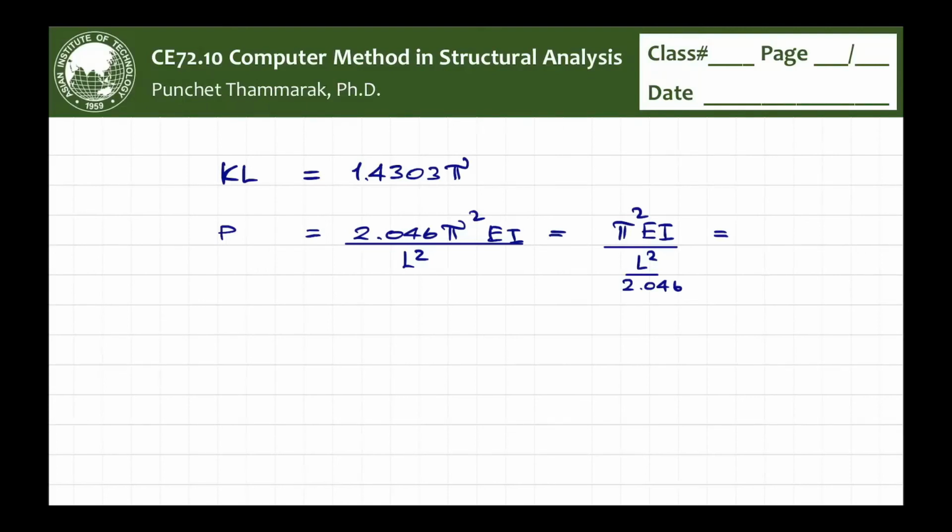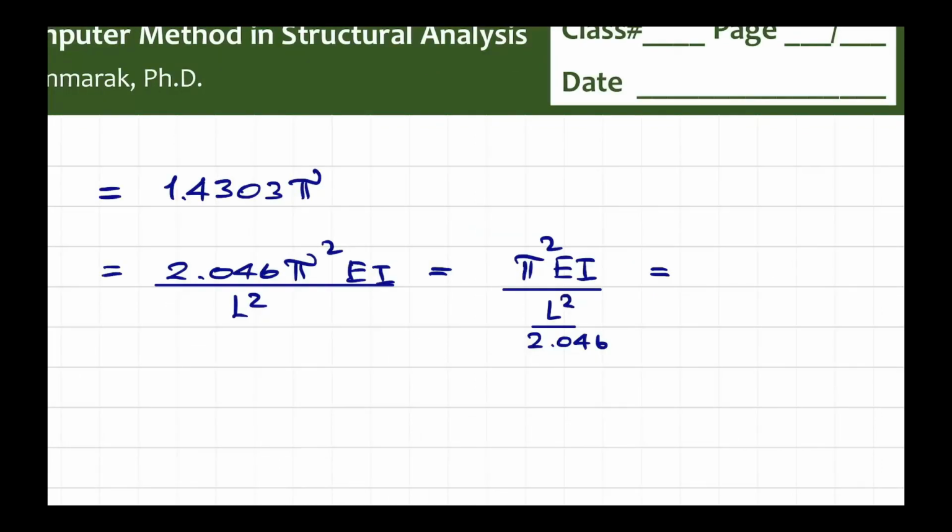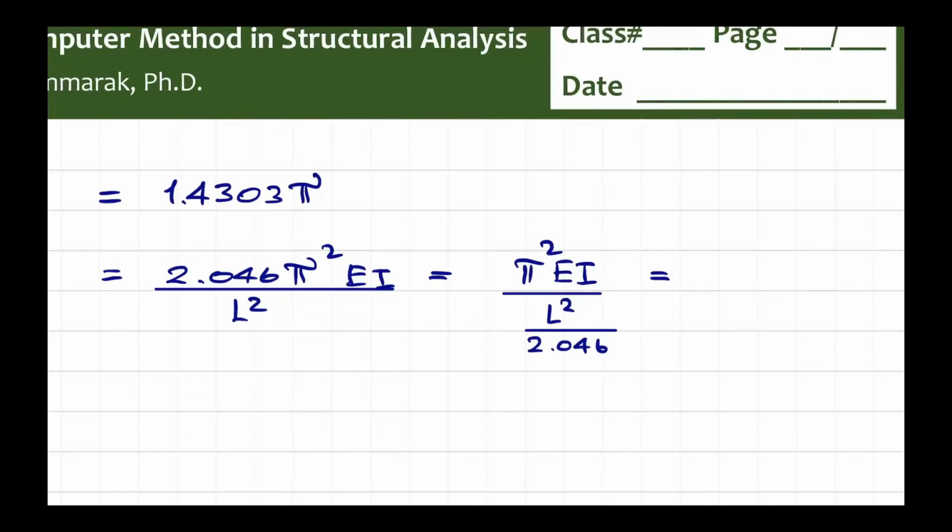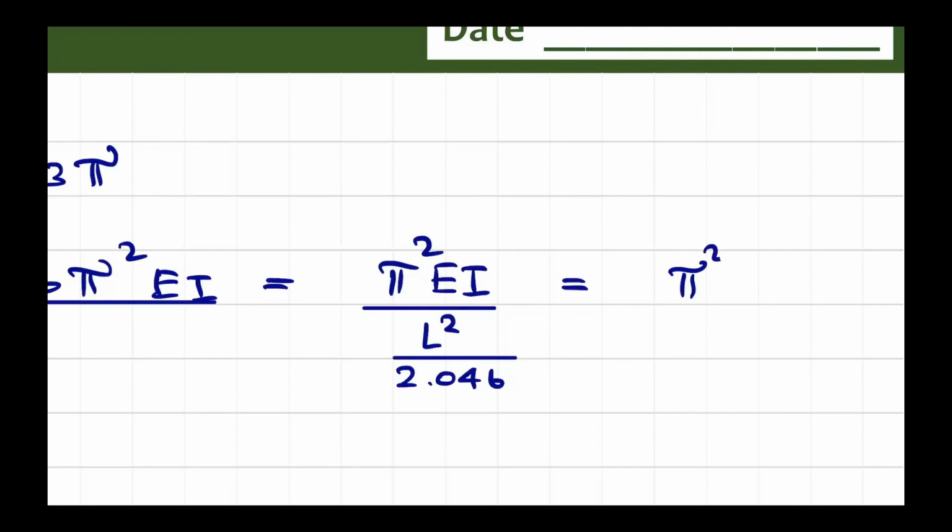To change from KL to P, you square both sides, you get this. Then you move the 2.046 down there and take the square root of 1 over 2.046, you finally get pi squared EI over 0.7 L squared.